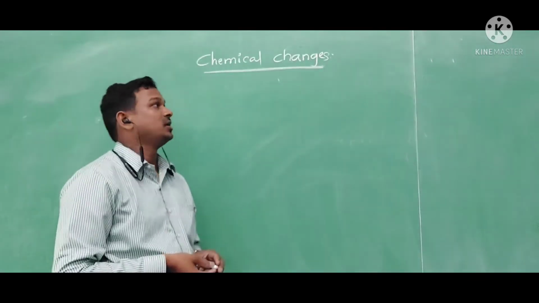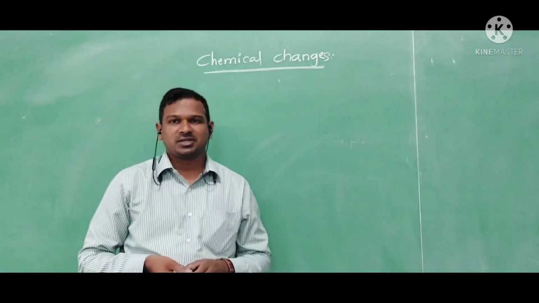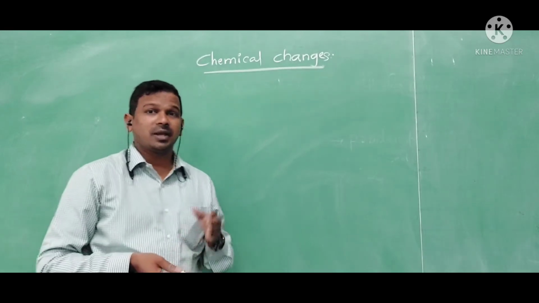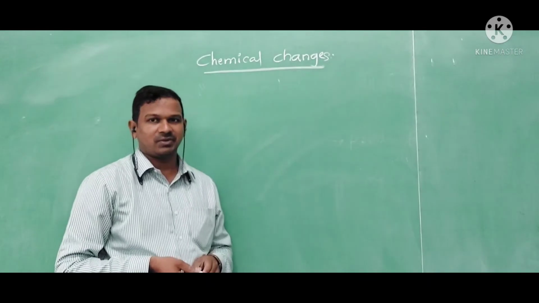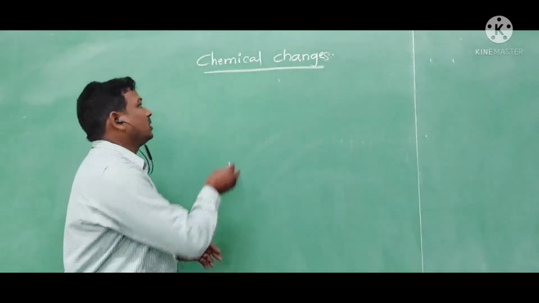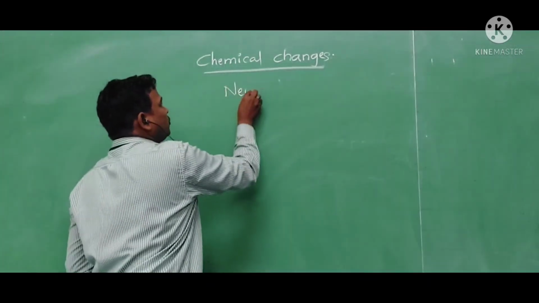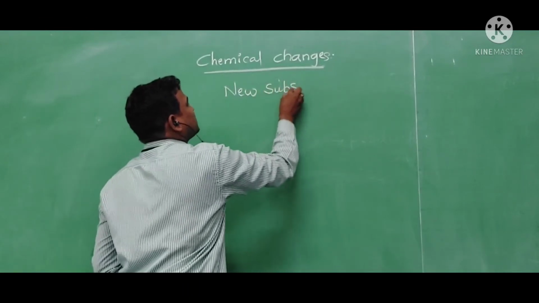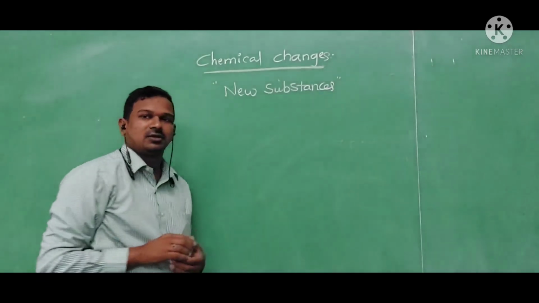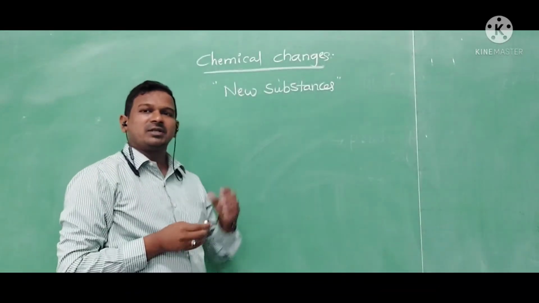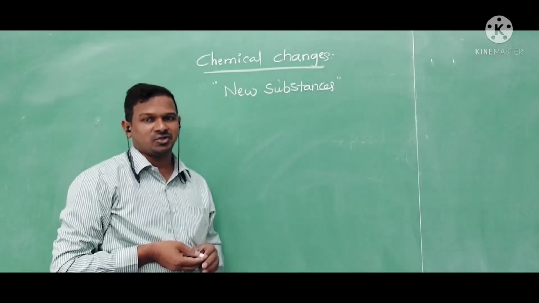Chemical changes. What is meant by chemical change? Chemical changes are those in which new substances will be formed. Here, what will form? New substances. These chemical changes we can also call a permanent change.